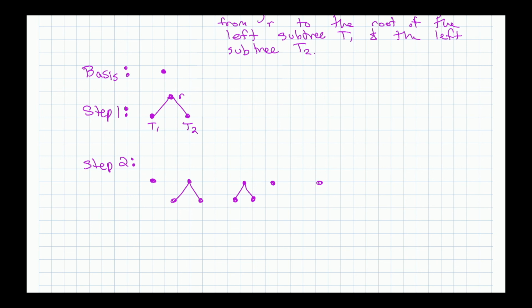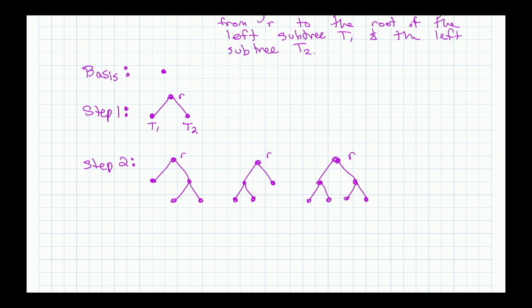Or you could go with two of these. I think that's it for choices for T1 and T2. Then how would you make the new trees? Root R, connect the lines, connect the dots. All right, so those are your step 2 full binary trees.